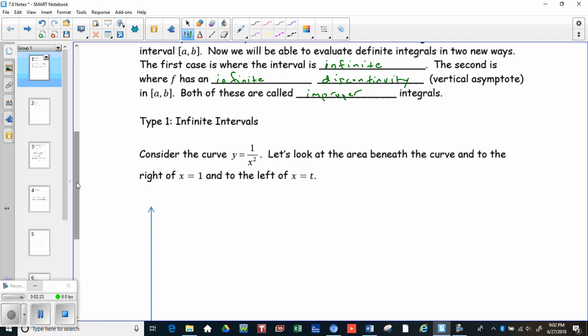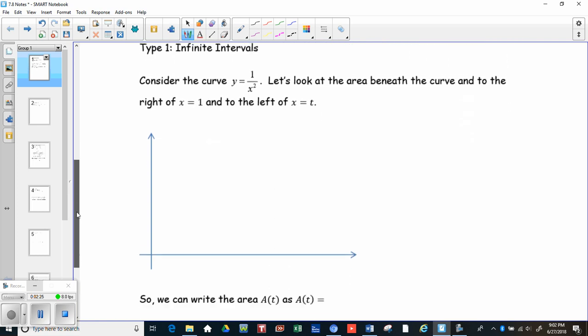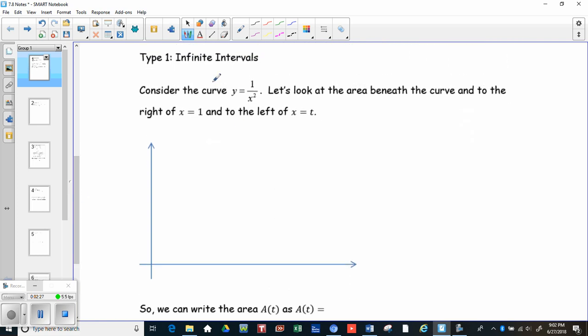All right, so let's get the concept of this down. The type 1 is if we have an infinite interval. What the heck does that mean, an infinite interval? If we take a look at the curve y equals 1 over x squared, we're going to look at the area beneath the curve, to the right of x equals 1 and to the left of x equals t. First, in the first quadrant, let's sketch 1 over x squared.